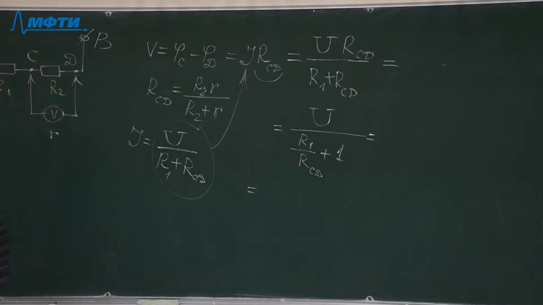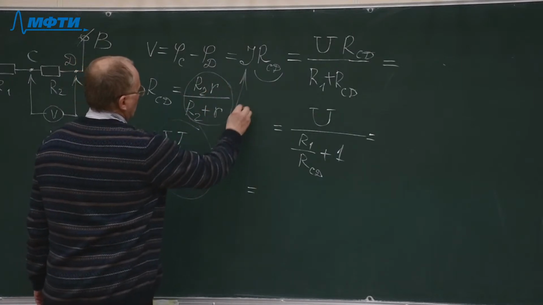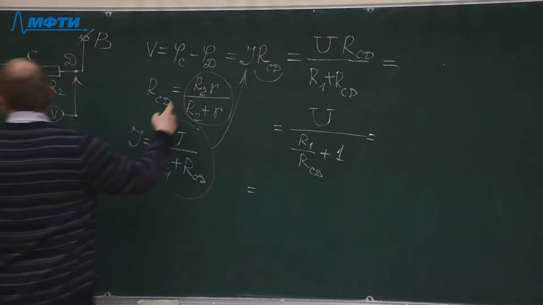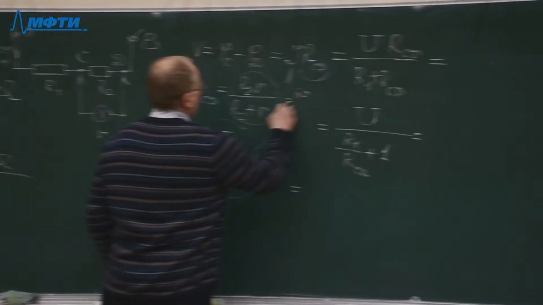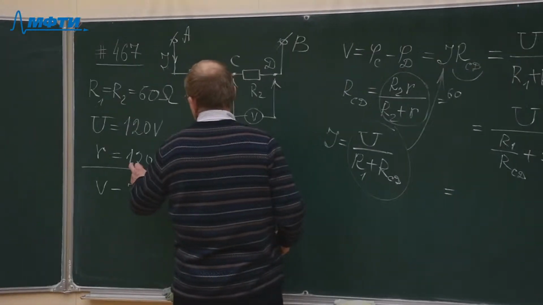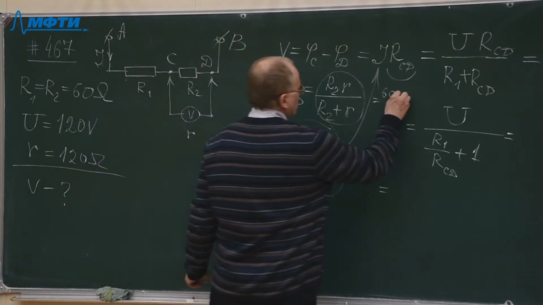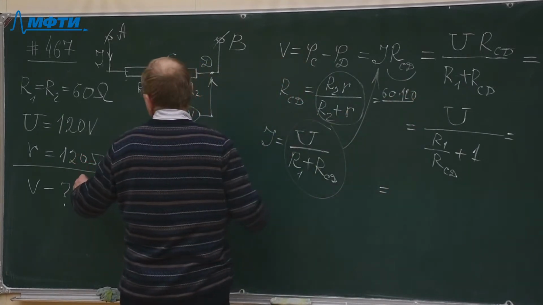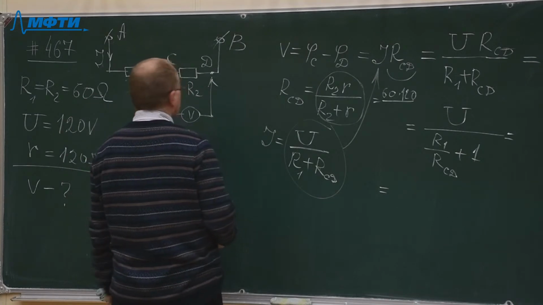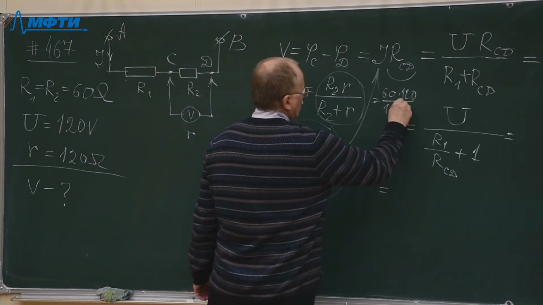And then we may calculate this expression, which will be 120 volts times 60 ohms times 120 ohms divided by the sum of these two quantities, that is 180.